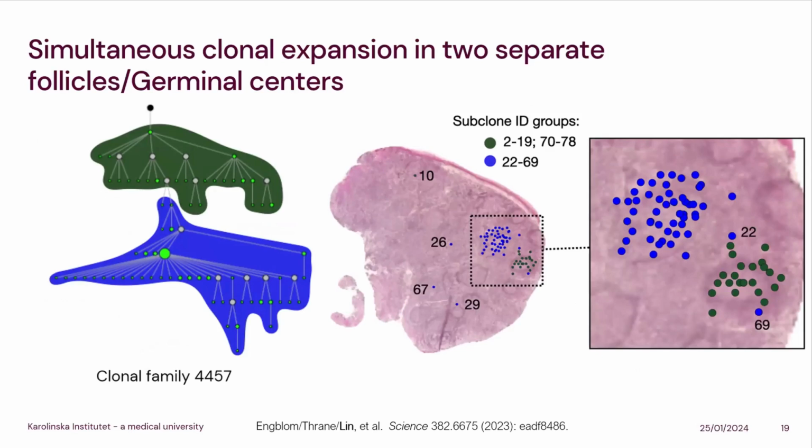The dark green one is located in 1 follicle, and the blue one is mainly enriched in another follicle. And interestingly, we have this dot. It looks like a blue dot next to a dark green population. It's actually the root of the bottom tree.